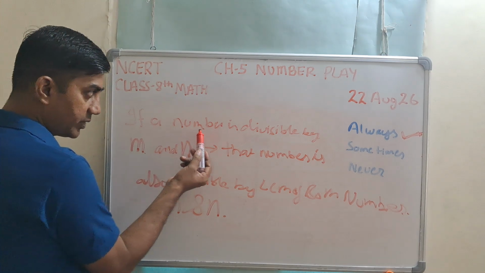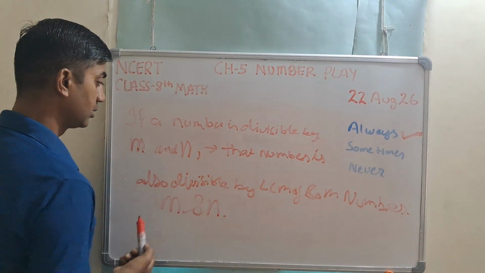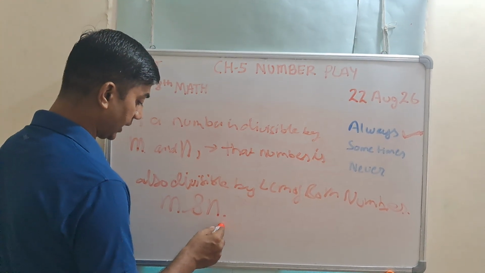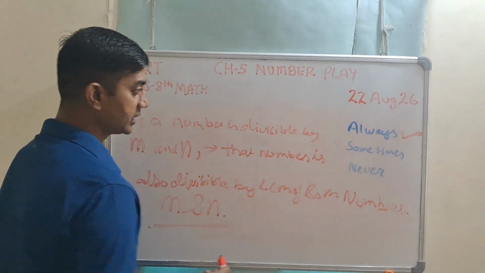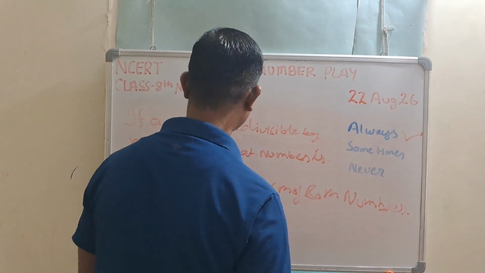If a number is divisible by m and n, that number is definitely divisible by the LCM of m and n. We will see an example, and this is the case which is always true.